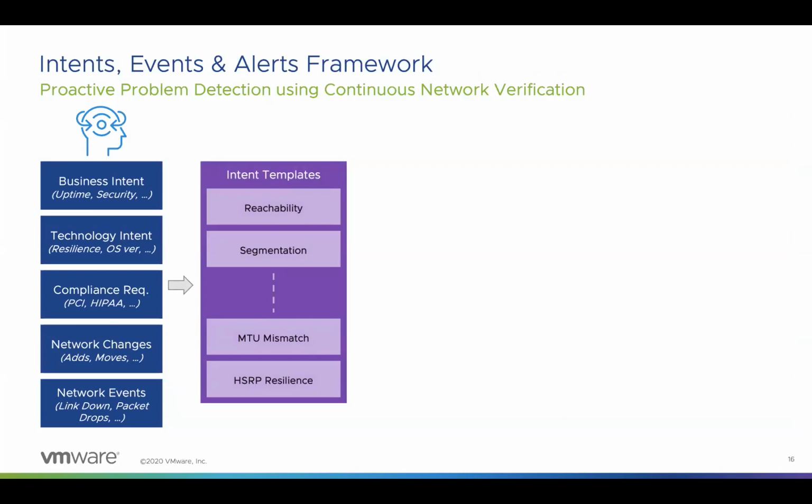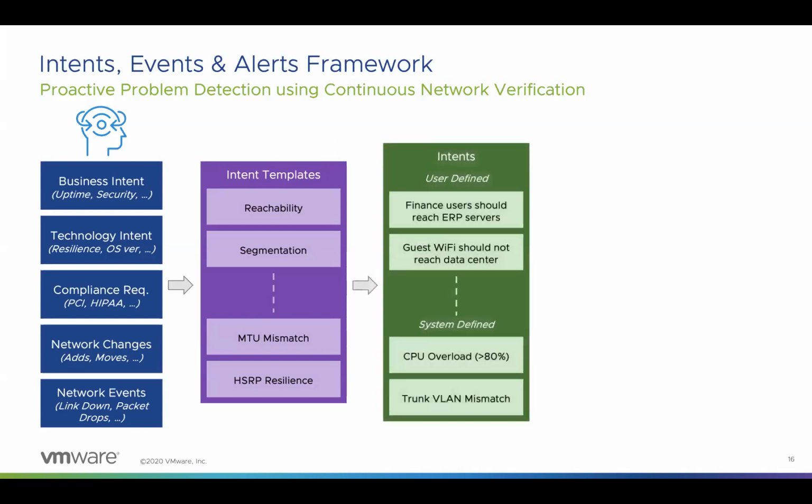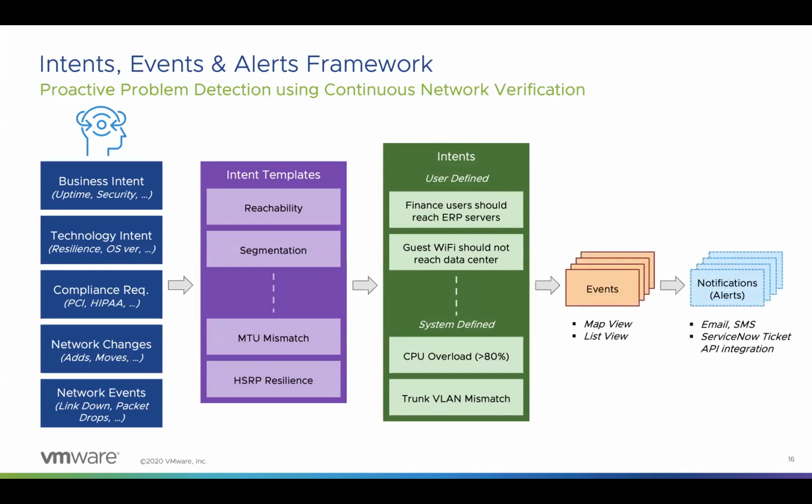You can also define your own user-defined intents using reachability and segmentation templates, where you can say that the finance users should reach ERP servers, or the guest user on a Wi-Fi should never be able to reach the production data center. So then vRNI will translate those high-level intents into the map of the network and then ensure that the network adheres to that intent.